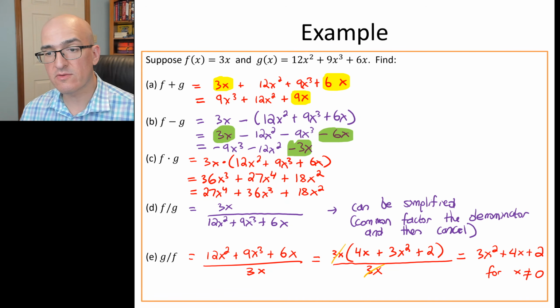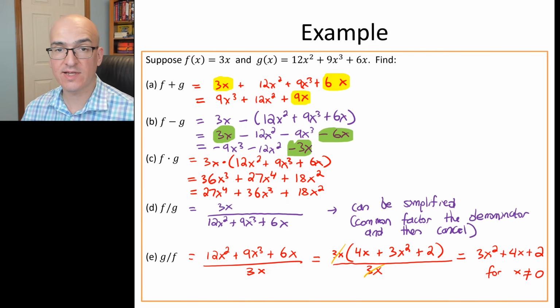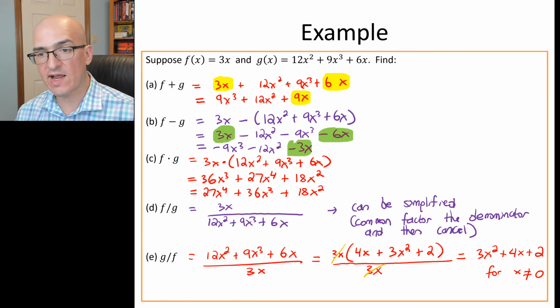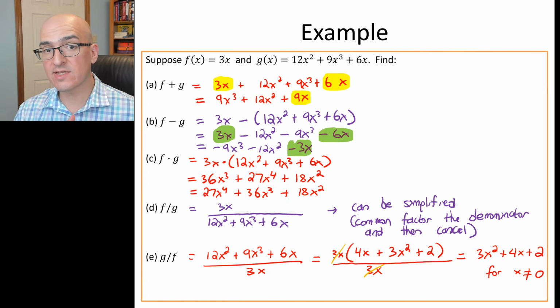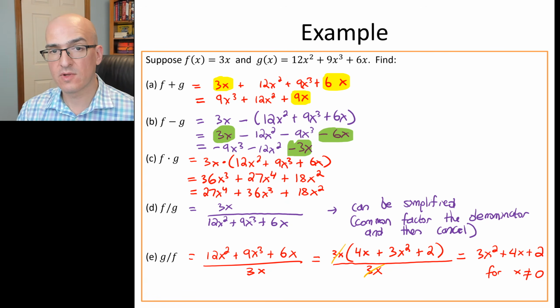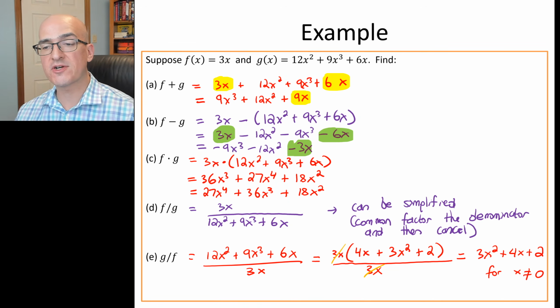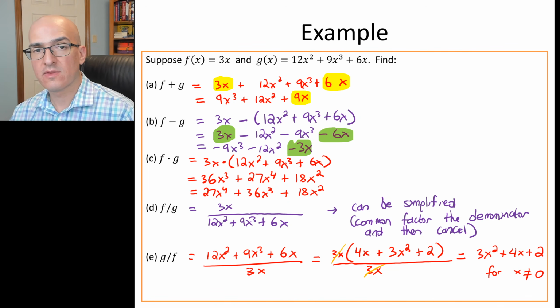Because if x is equal to 0, that step will be canceled, the 3x on top and the 3x on the bottom. That cancellation is a division. And if x is 0, then we would be dividing by 0. So for these two things to be equal, before and after the cancellation: before the cancellation, 0 is not in the domain. After the cancellation, 0 is still not in the domain if we want these two functions to be the same. So part of the function is that statement that x cannot equal 0.